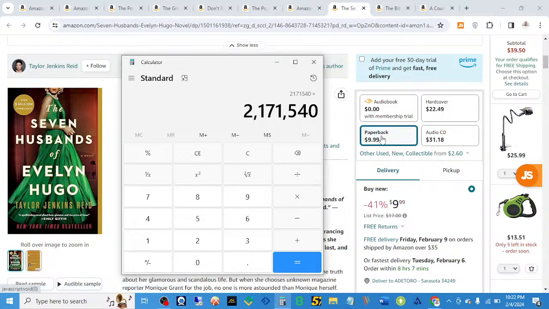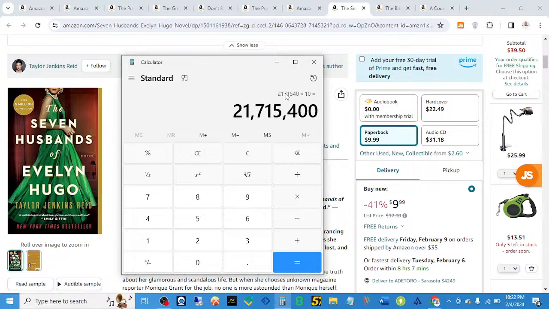So that is why we use the paperback to do our calculation. Now, this is approximately $10. Multiply by $10, this is the total sales this seller has made so far on this book: 21,715,440.